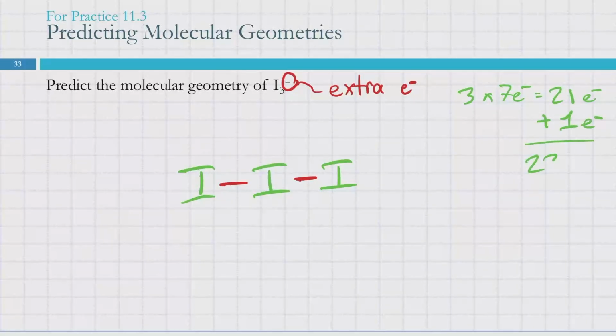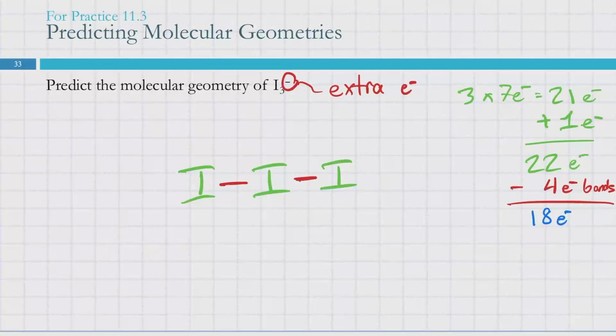So we've got 22 electrons to place. We put 4 of them into bonds just to get it connected, so that it's an actual molecule, or ion in this case. And that's going to leave us with 18 electrons left.